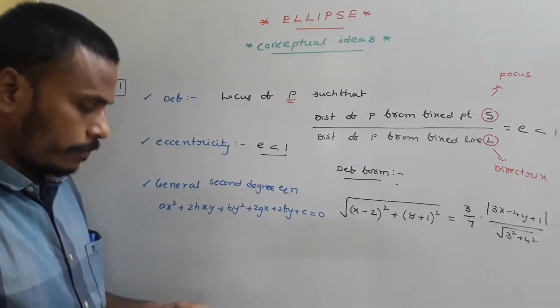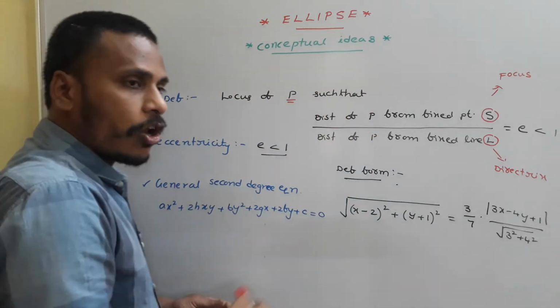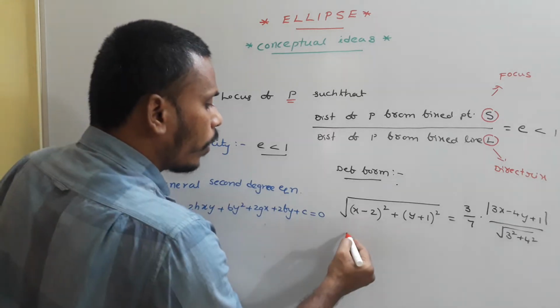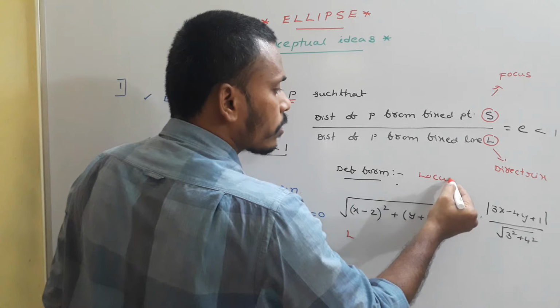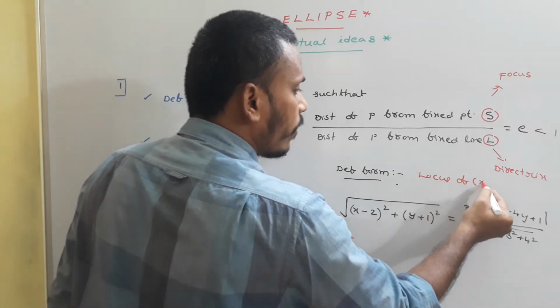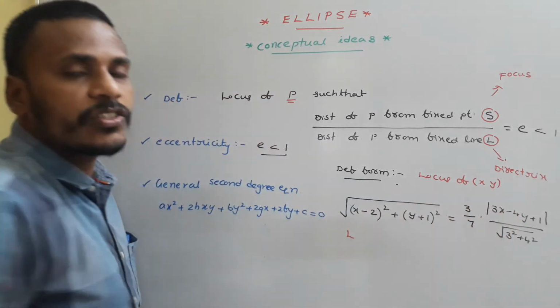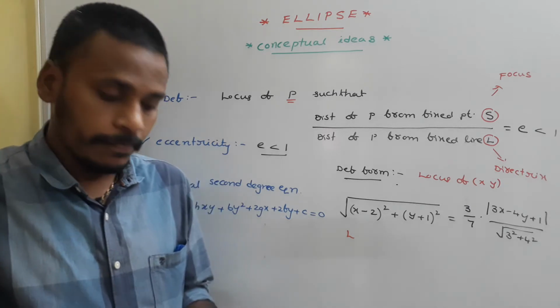Just think about it. If we have a relation in x, y, what is the locus of x, y satisfying this relation? We need to mention it.